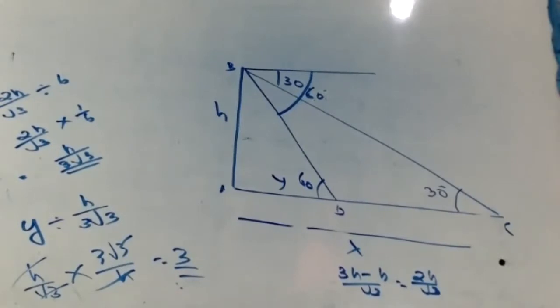Okay, you'll get the answer in meter per minute. Convert to kilometer per hour. Root 3 value 1.732. Do it first.